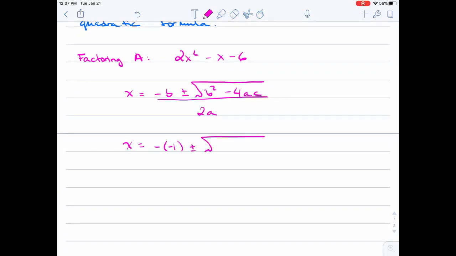Plus minus the square root of negative 1 squared minus 4 times 2 times c, which is negative 6, over 2 times 2.